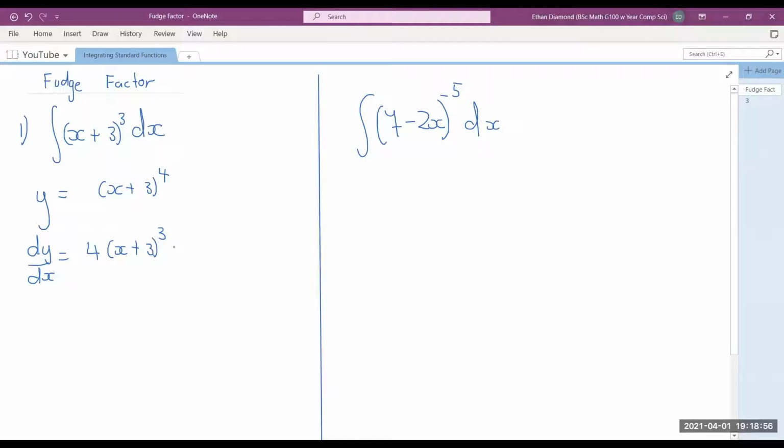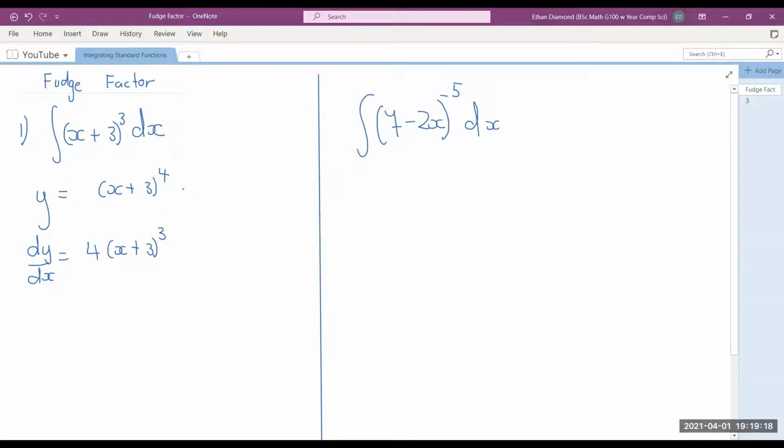Okay. So what have we done so far? All we've done is we guess what the integral is going to be. How do we guess? Well, we just increase the power by 1 because that's what integration is all about. And then we differentiated this thing here. Why do we differentiate it? Because integration is the opposite of differentiation.